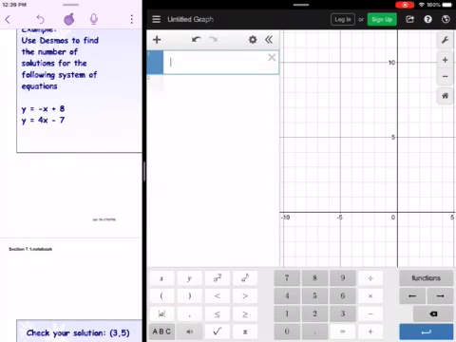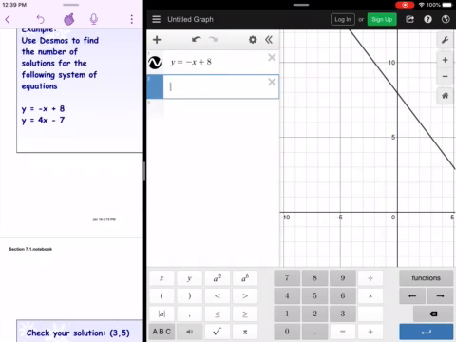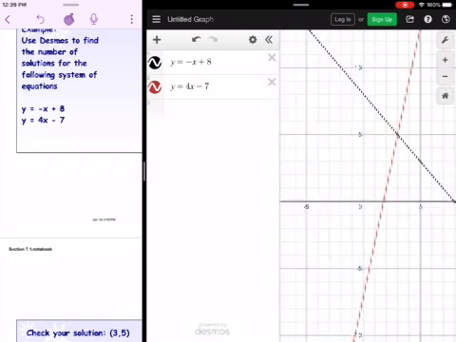Okay, last one we're going to do. We have y equals -x plus 8 and y equals 4x minus 7.